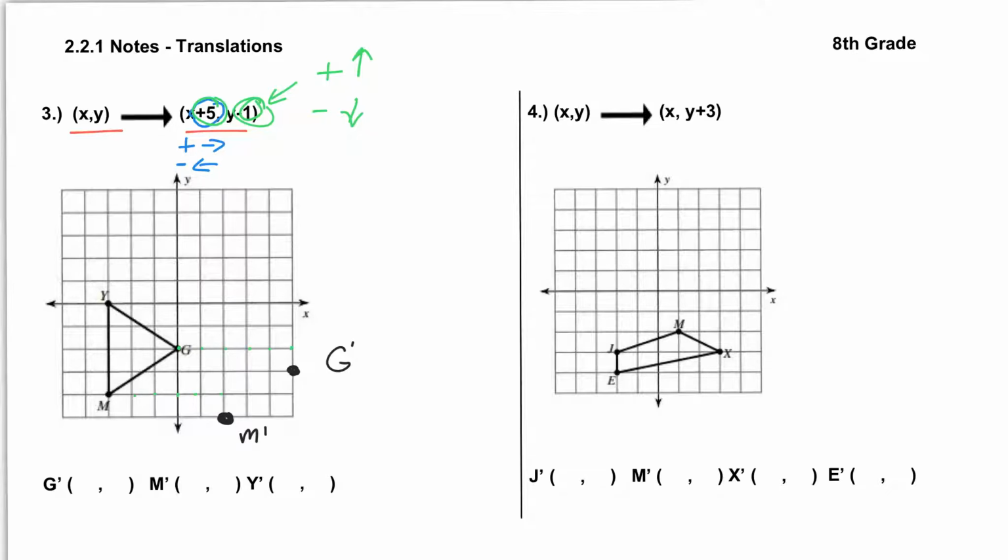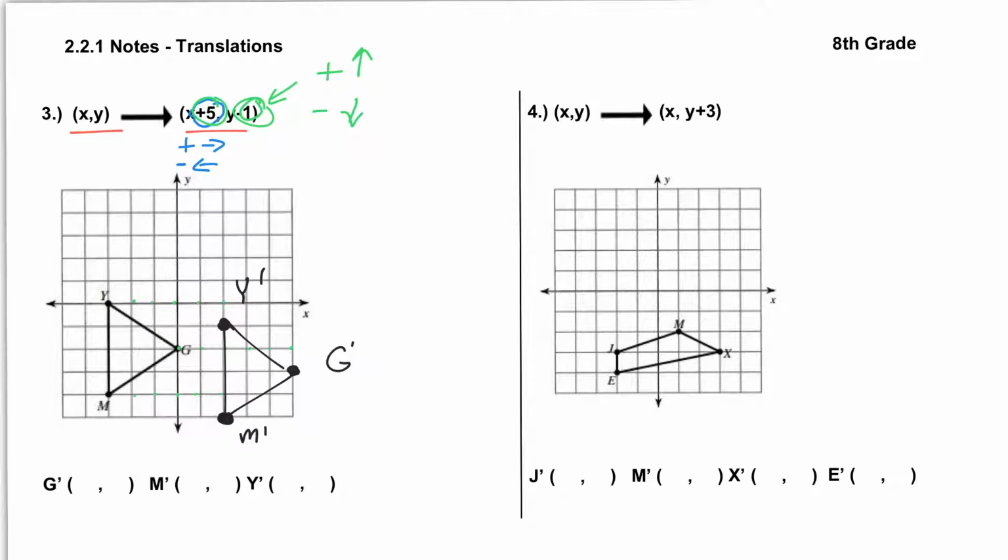And the same thing for Y. We can count 1, 2, 3, 4, 5 units to the right and 1 unit down, and there's our translated point Y prime. If we connect the dots there, we see we get the same figure, same size, same shape, just slid over to the right and down 1.